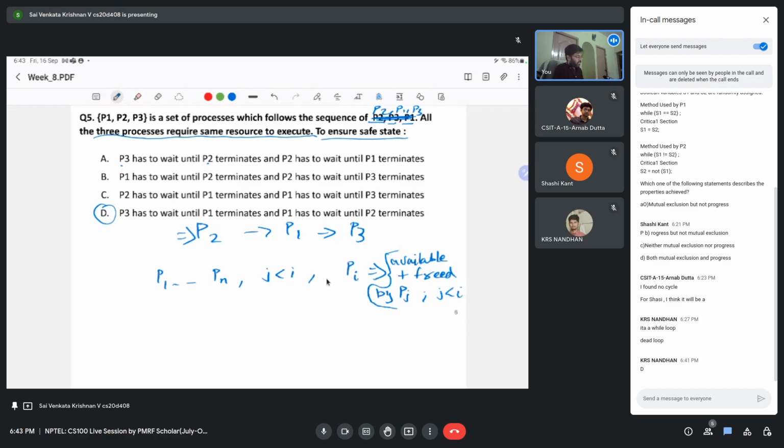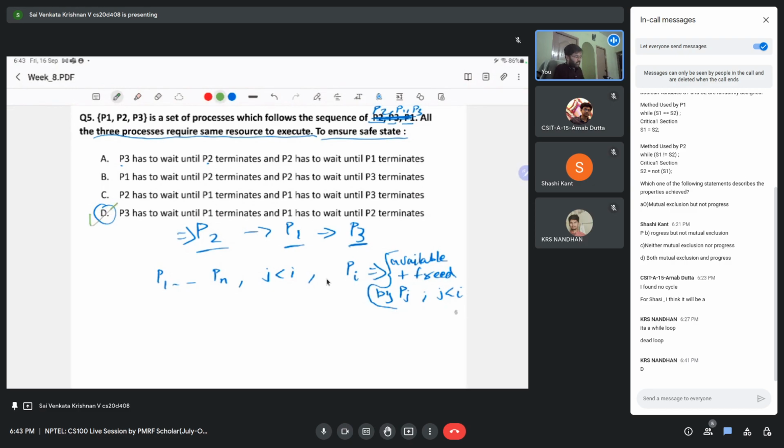P3 came last, so it's the latest arrival. So P3 has to wait until P1 terminates, and P1 has to wait until P2 terminates. If these rules are followed, then the safe state is always maintained, and we can avoid the deadlock scenario.